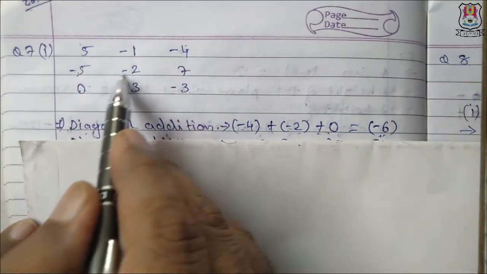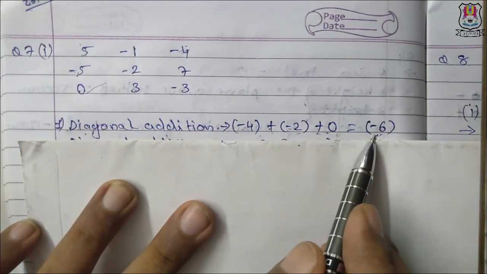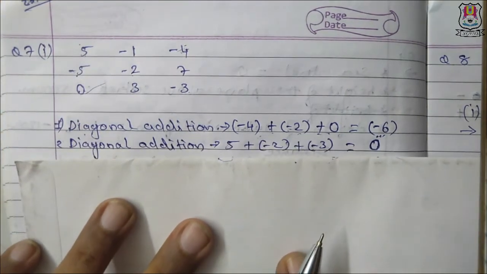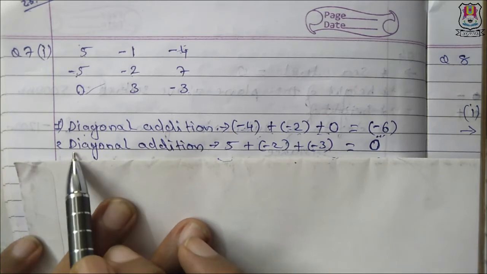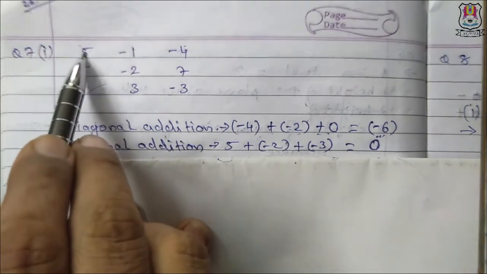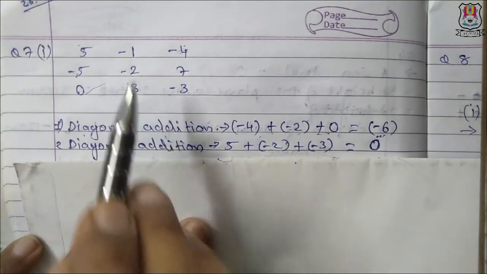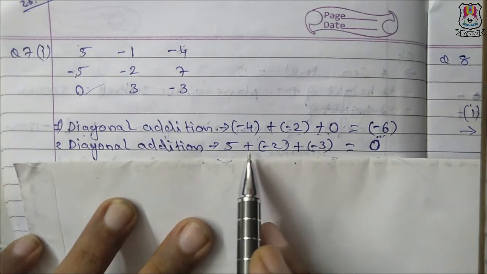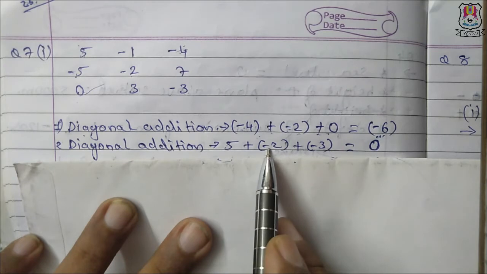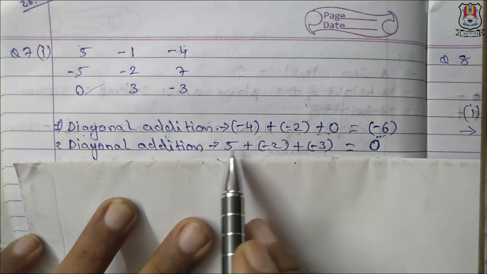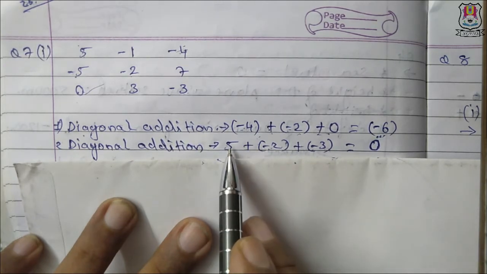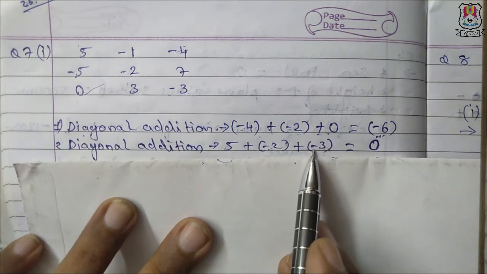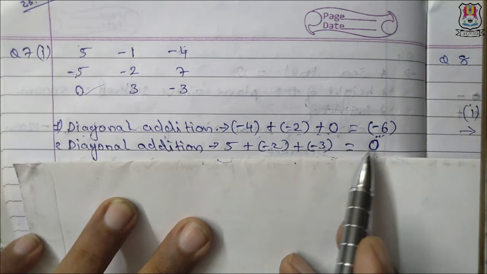Now this diagonal is over, we got the answer as minus 6. Now let's find out the second diagonal: 5 plus minus 2 plus minus 3. 5 minus 2 is going to be 3 because the positive number is bigger, so plus 3, and plus 3 minus 3 cancel out, so the answer is 0.